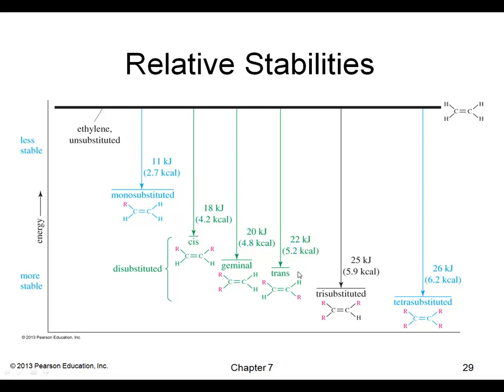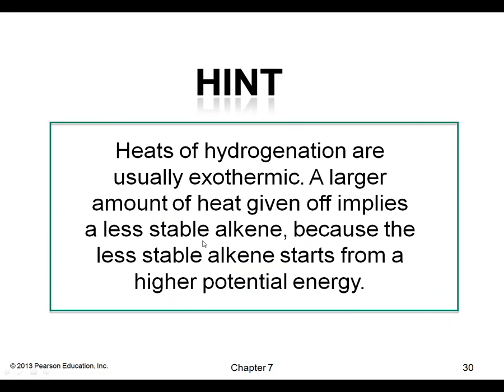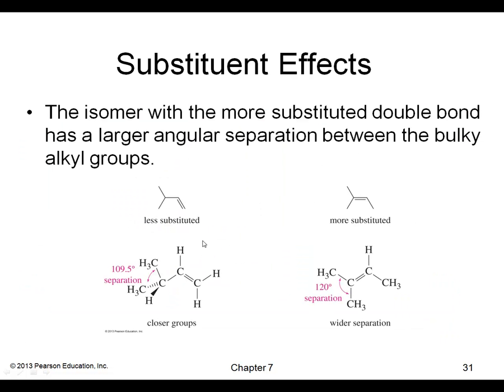The other thing to see here too is that the trans double bond is more stable than the cis double bond. And again, looking at substituent effects.